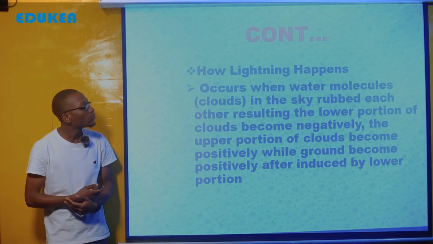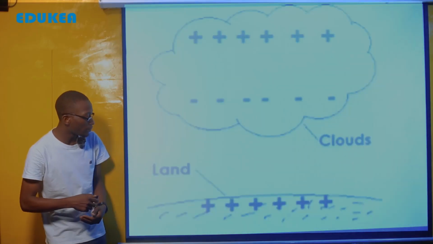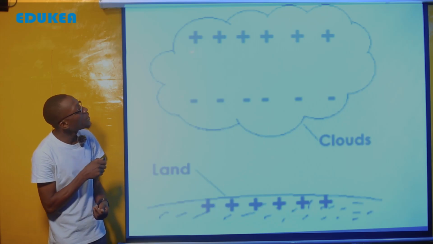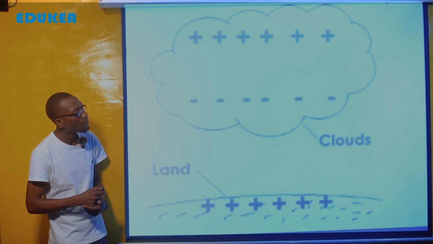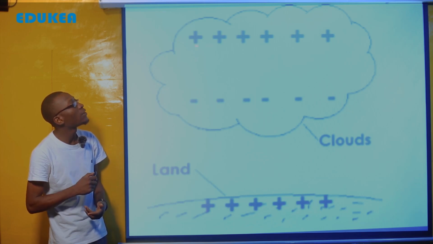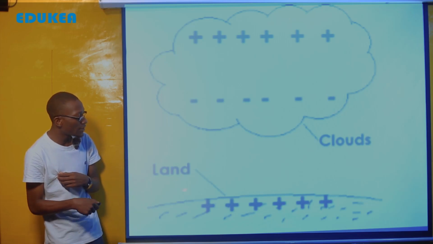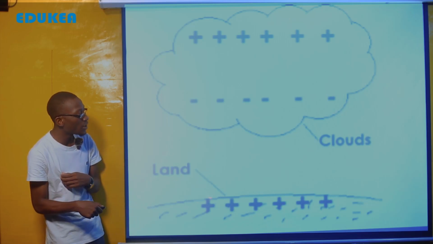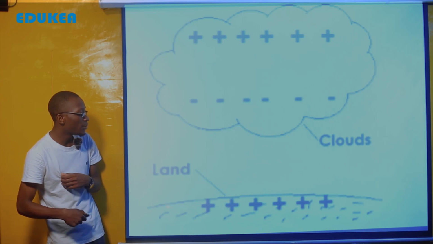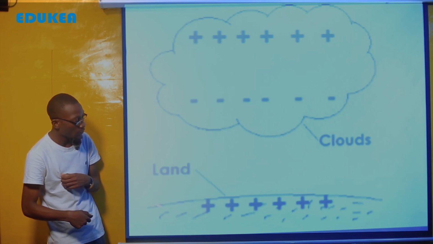So you can see here, these are the clouds, whereby these clouds have a negative charge at the lower part and a positive charge at the upper part. Thereafter, at the land, after the clouds reach the land, it becomes positively charged.